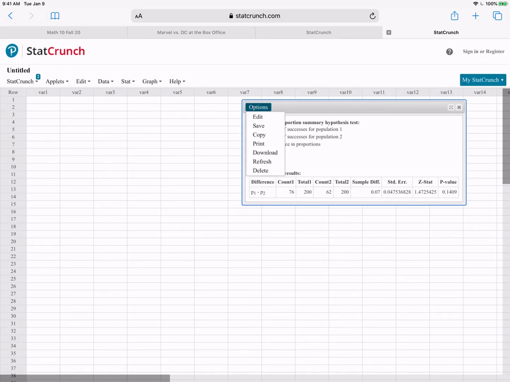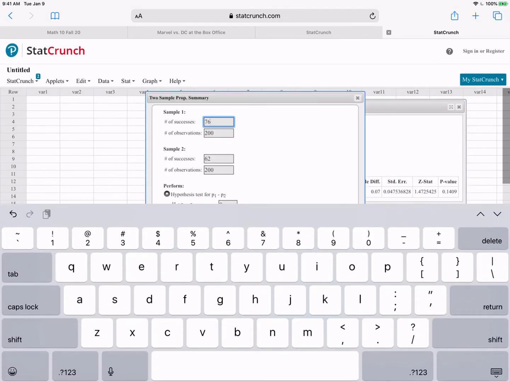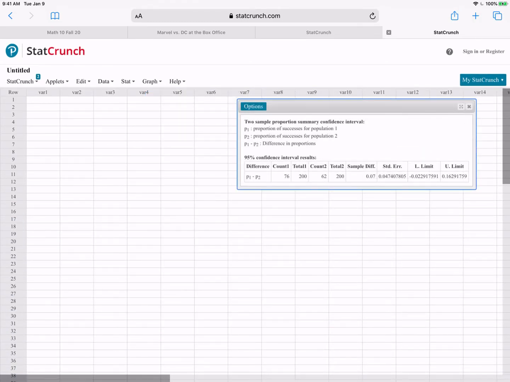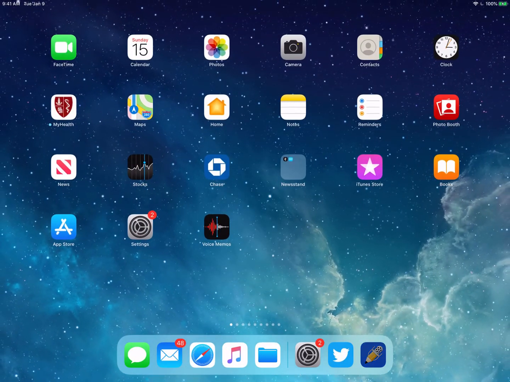So we're just going to come here to edit, and now instead of making a hypothesis test, we'll make a confidence interval. So our lower limit is negative 0.023, and our upper limit is positive 0.163. All right, so we'll go ahead and record those.